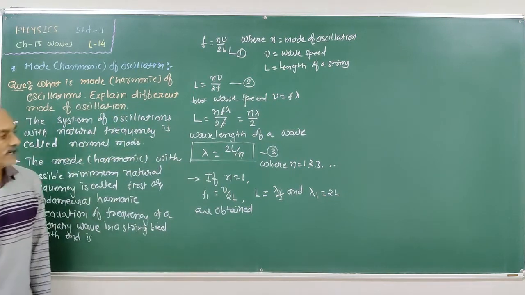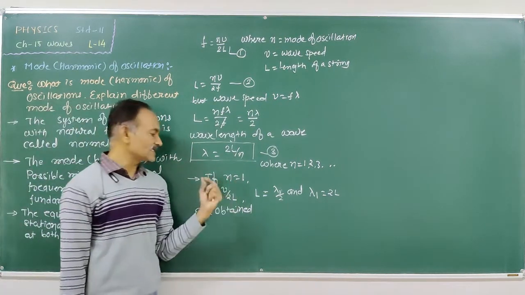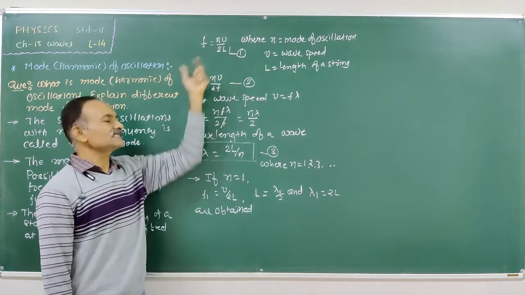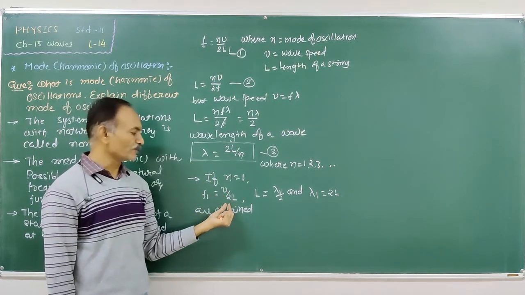Again, if n is equal to 1, then from this equation f1 is equal to v upon 2L.